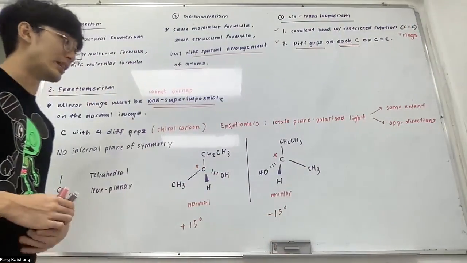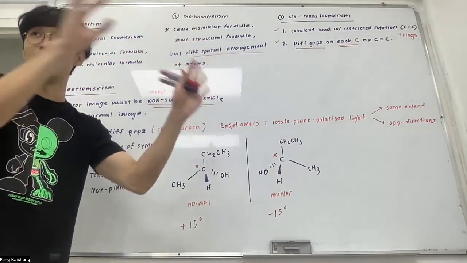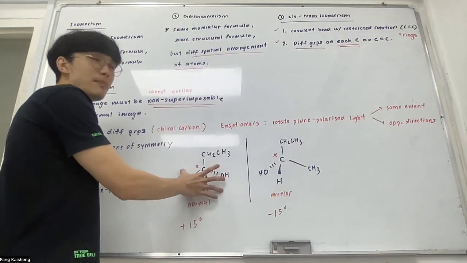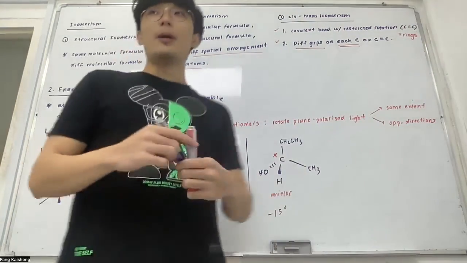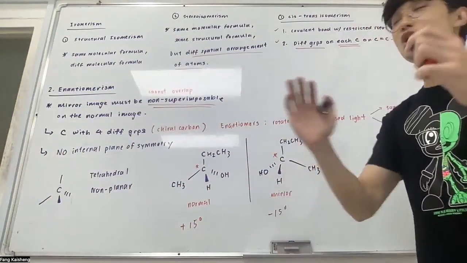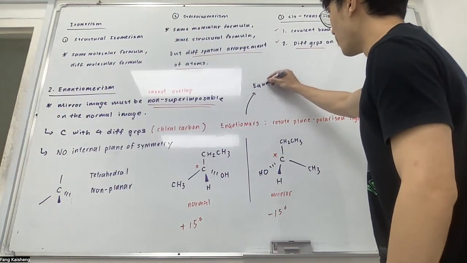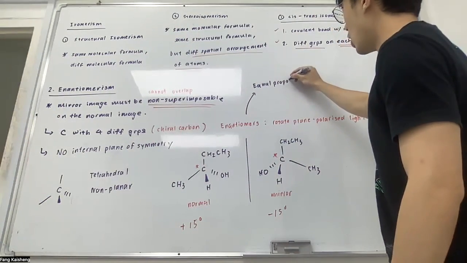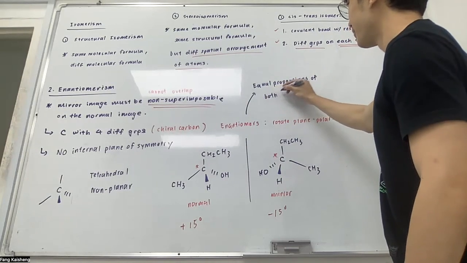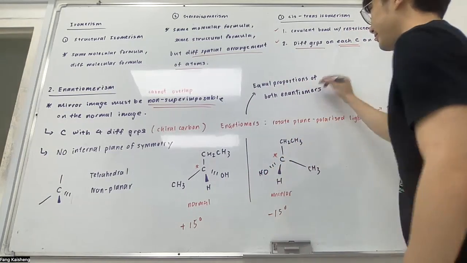Okay, so let's introduce another idea. Remember, these are real structures. Mirror doesn't mean it's in the mirror, it's not unreal, it's real. If let's say I have the normal image and mirror image both in the same container, in equal proportions, can you tell me what is the overall rotation?